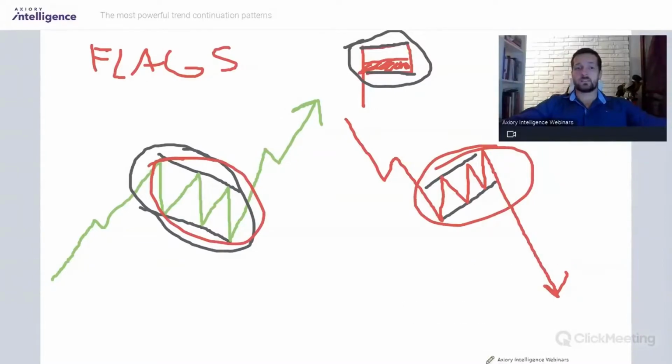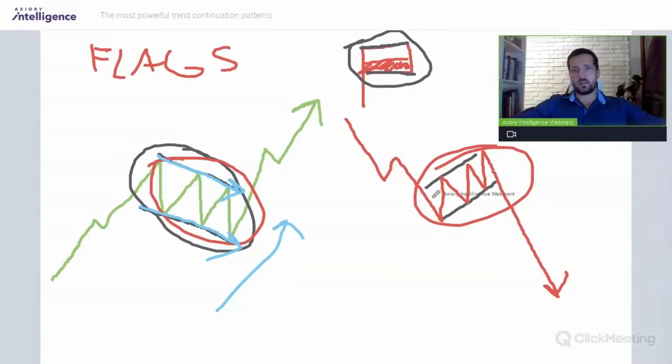So you can see that flags are trend continuation patterns with parallel lines which are opposite to the trend. Okay, so those, maybe let's use blue one, shall we? Those two lines are pointing down in an uptrend, and those lines are pointing up in a downtrend.